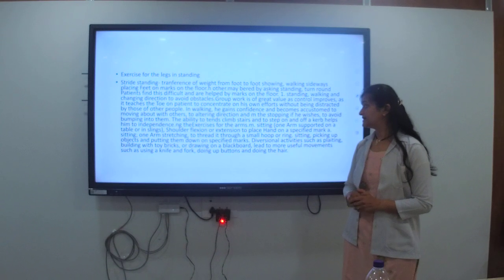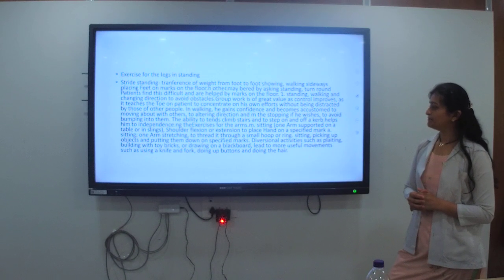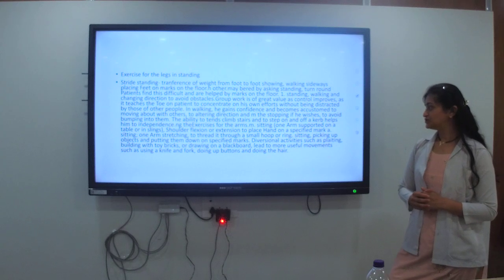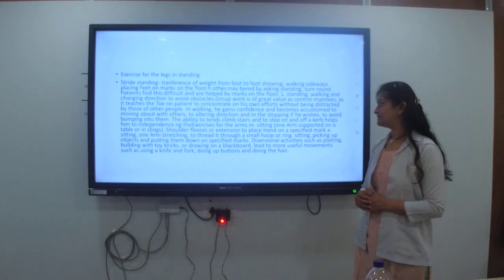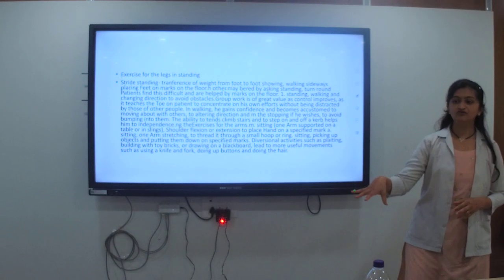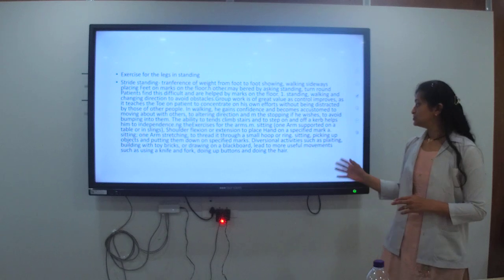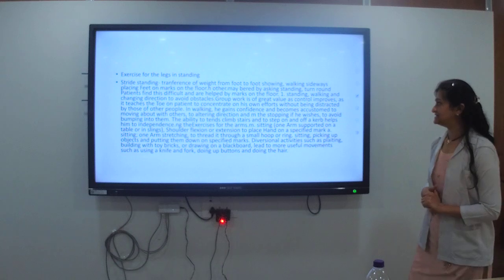For the upper limb there are shoulder flexion and extension exercises to place the hand on a specified mark. Then one arm stretching to thread through a small rope or ring, sitting, picking up objects and putting them down on specific marks. You have to pick it up and put it in the other place. So these are all your upper limb exercises in the standing exercises.